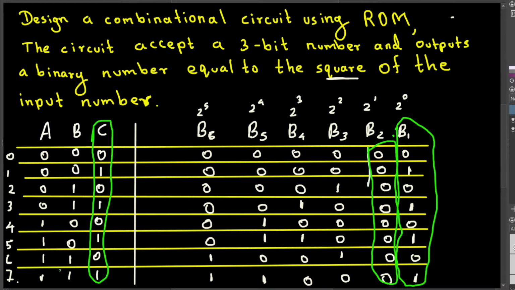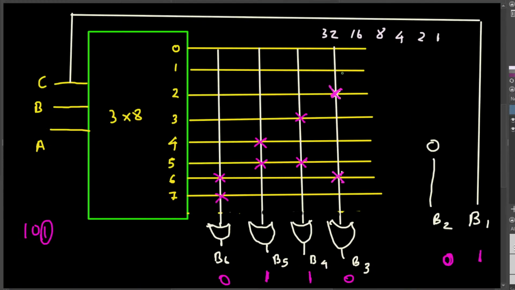Like that, if you grab any number, you can verify with this one. Like for example, if you grab 110, this last digit represents B1, because this is A, B, C, right? So C is 0. Whatever the C value holds, that's going to be B1 right here, so this is going to be 0. And this is always 0. And then this one is 4 plus 2, which is 6 in decimal.